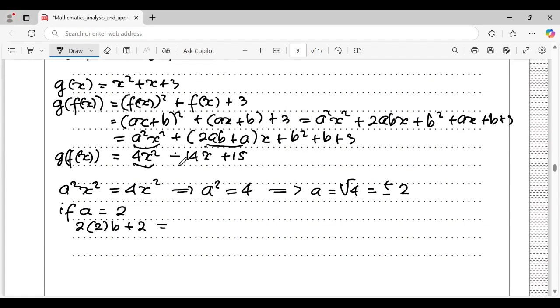And according to the information, this expression is equivalent with this expression, minus 14. So 4b plus 2 equals minus 14. 4b equal minus 16, and b equal minus 16 divided by 4 equals minus 4.